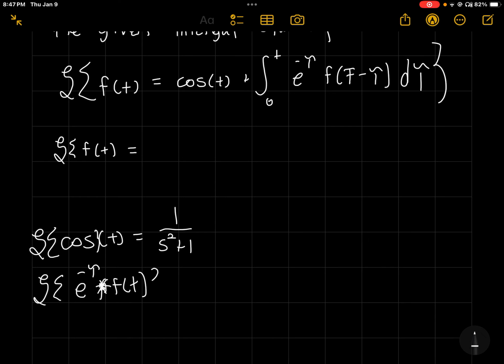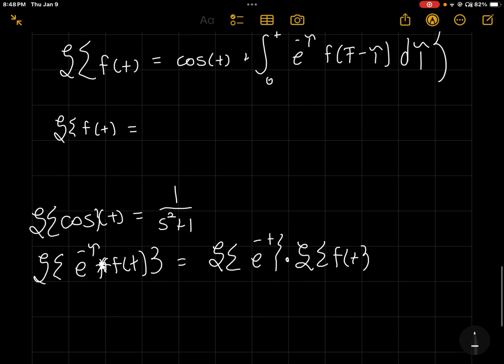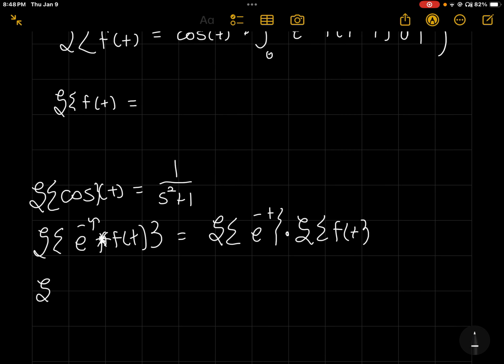What we know is that this is basically the same thing as the Laplace transformation of e to the negative t times the Laplace transformation of f of t. And we know that the Laplace transformation of e to the negative t is just 1 over s plus 1.